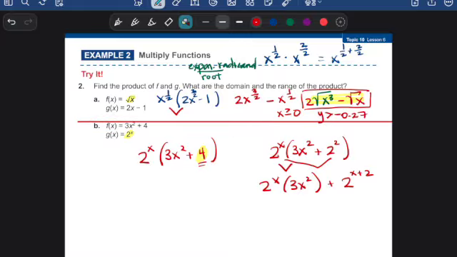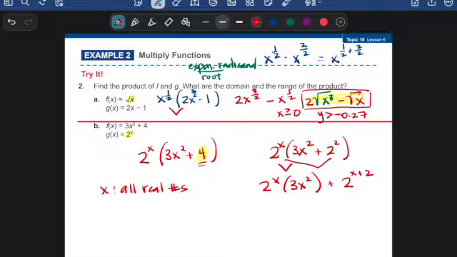Okay, and for part B, again, we have this very complex function when we combine them. Our domain is going to be all real numbers, because we have an exponential function.